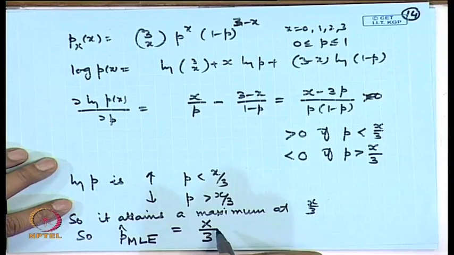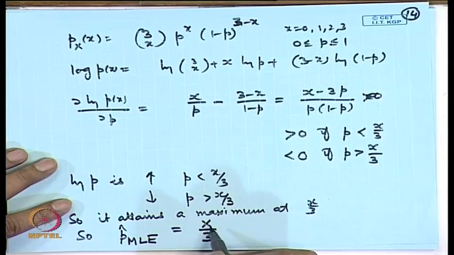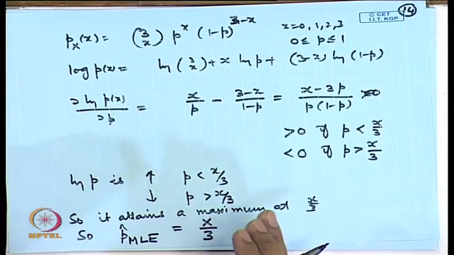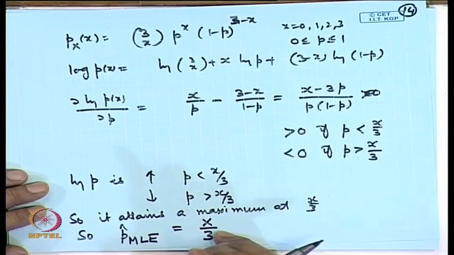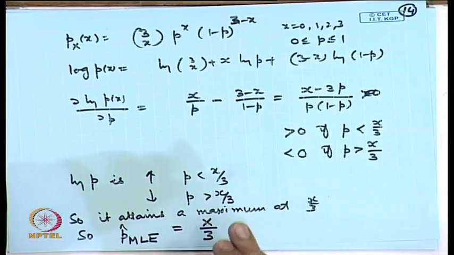actually the sample proportion, because if I have conducted the experiment 3 times and x is the number of successes in 3 trials, then x by 3 is the sample proportion, and I am using this sample proportion as an unbiased estimate, as a maximum likelihood estimate of the population proportion p.